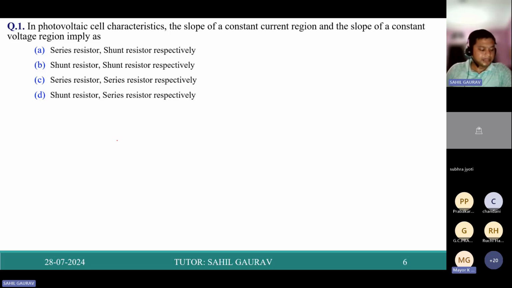So for the constant current region, the slope comes due to this shunt resistor, and the slope of the constant voltage region comes due to this series resistor. So D is the correct option.